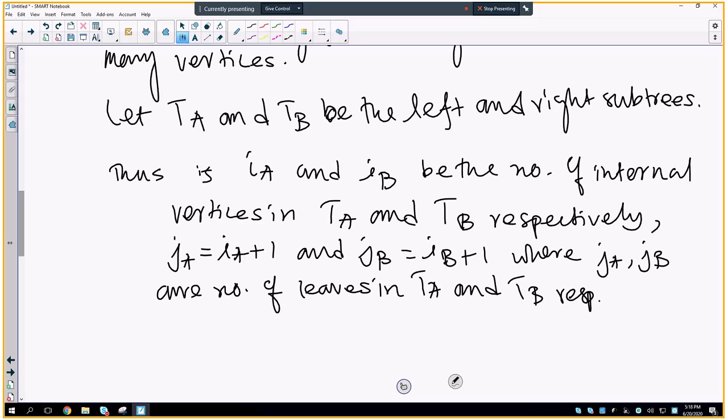That's pretty simple to understand, and it follows just by the induction hypothesis, as both TA and TB have a total number of vertices strictly less than k plus 1.